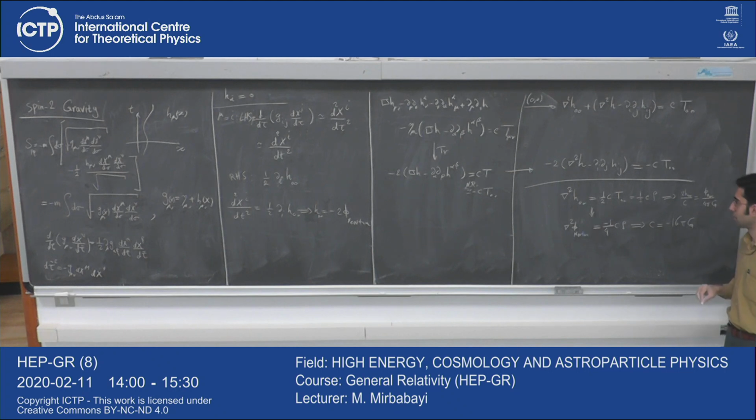Yeah, so we can fix c. So we fix one linear combination, the ratio of h_00 and c, but we wouldn't know what c is until we understand how h_00 is related to the Newtonian potential.